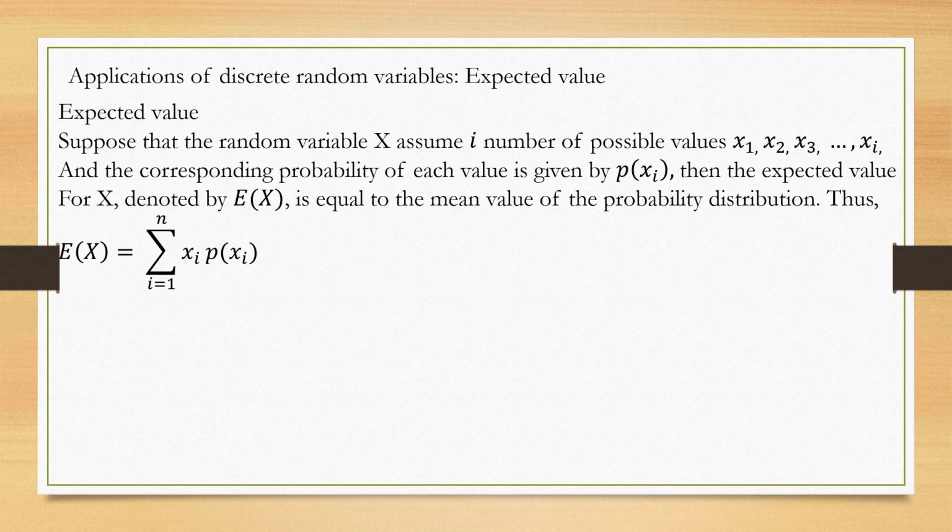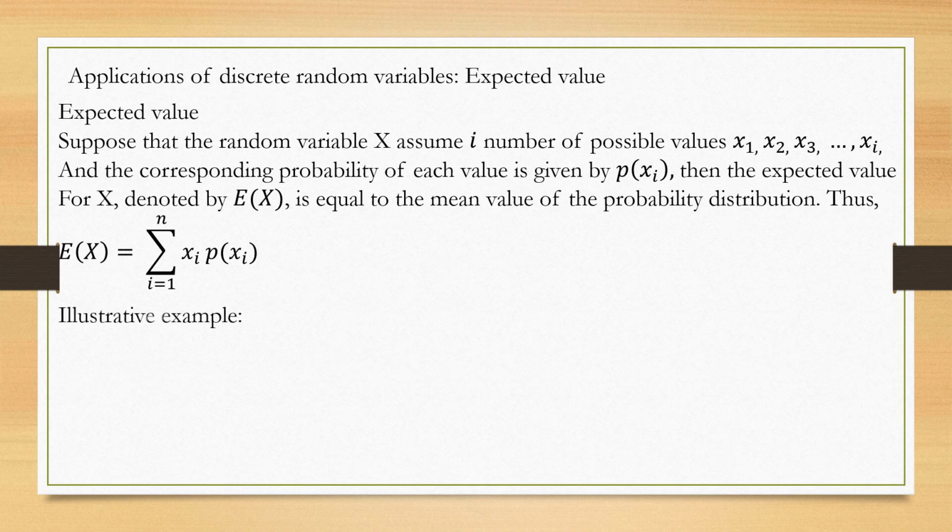So we are just going to use the concept that we used previously for the mean. Thus, the expected value formula is equal to the summation of x sub i times the probability of x sub i, where i starts from 1 to n. So, the same formula that we used before.